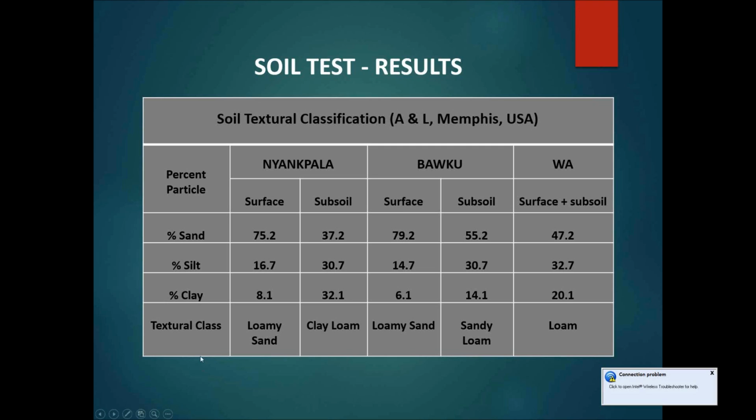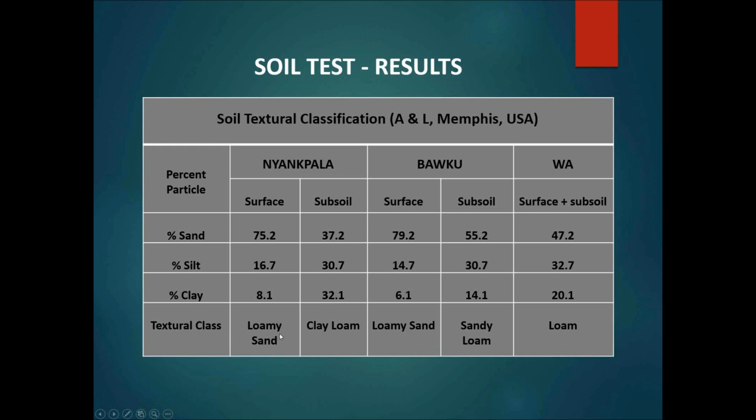So we can see down at the bottom the classification. We have the low for Yankpala. We sent these to the lab in Memphis for analysis. We also had a sample in Tamale for analysis, but the results I'm showing here are the analysis from Memphis.